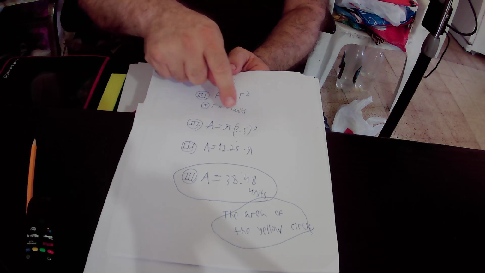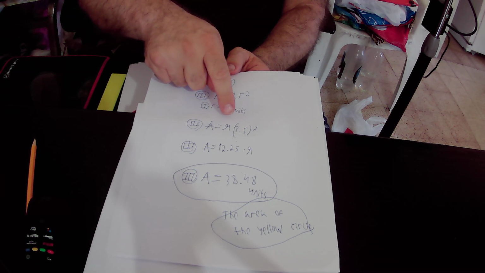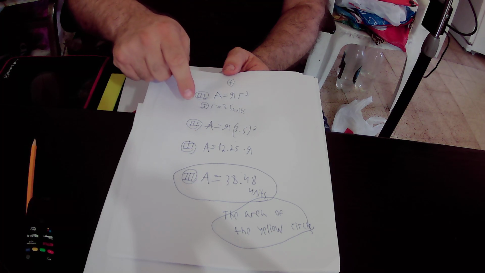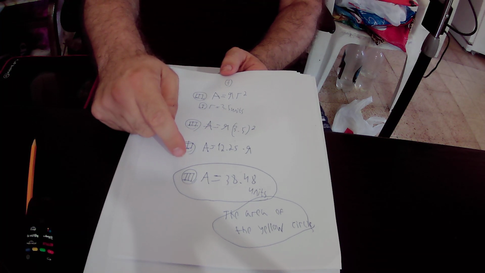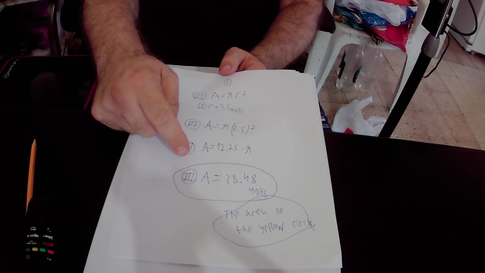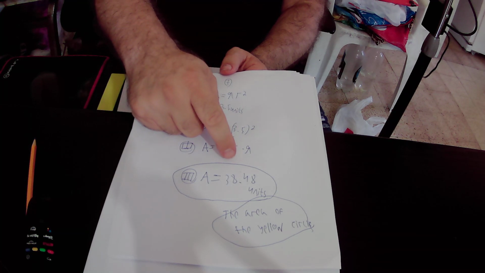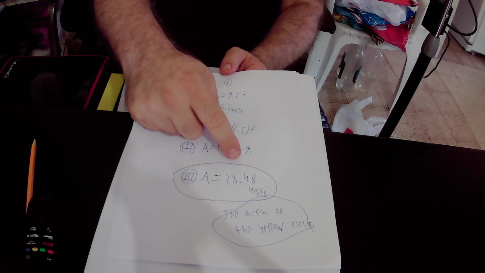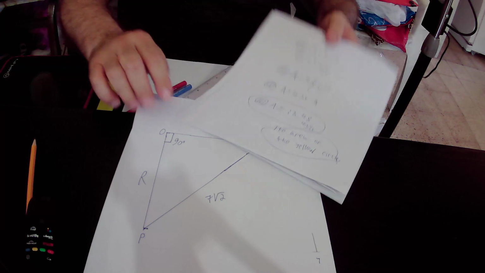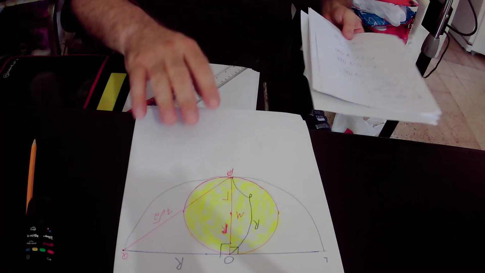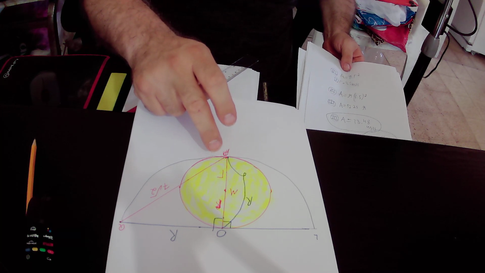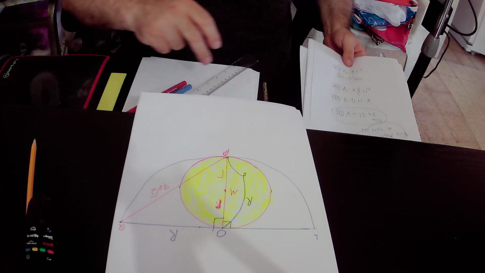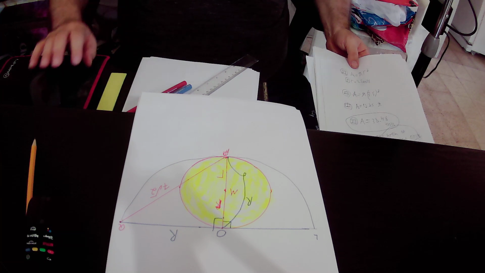We square it and multiply it by pi, and we get the final answer: the area of the yellow circle equals 38.48 units. Okay, thank you very much.